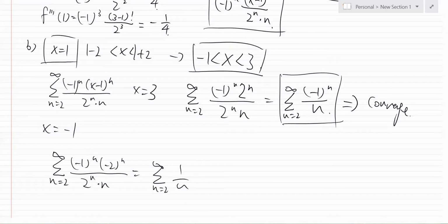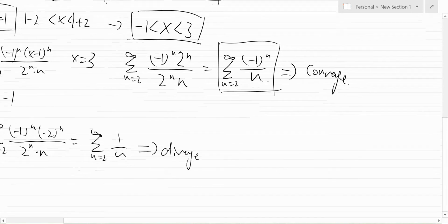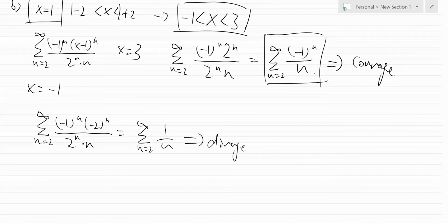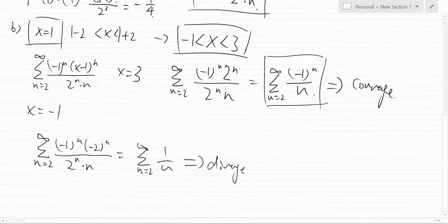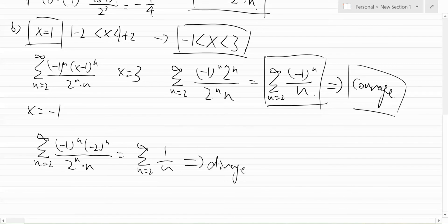Since this is a p-series, we know it diverges when n goes to infinity, so the Taylor series goes from converge to diverge.